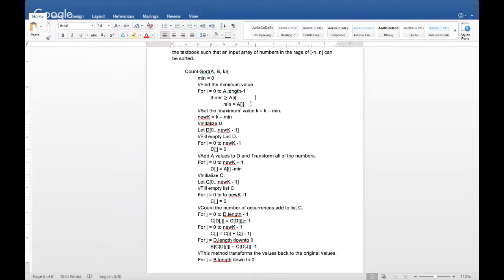Besides finding the minimum value of the negatives and creating this new K, what we do here is add every value in A into D. But when we add them in there, we subtract the minimum value.